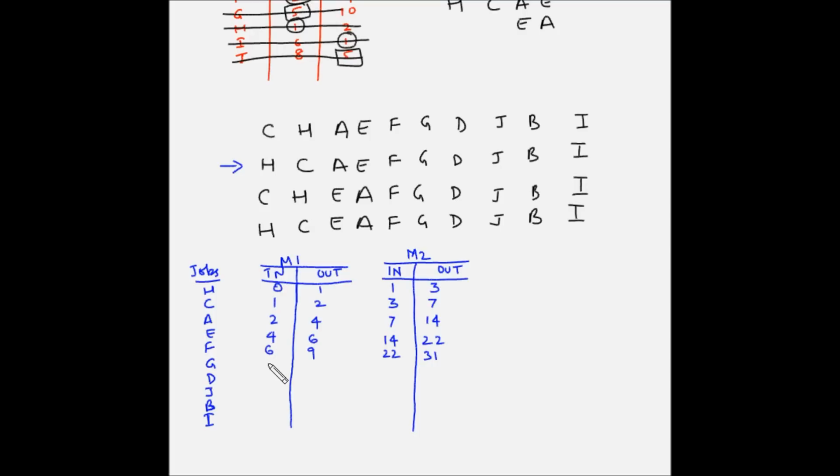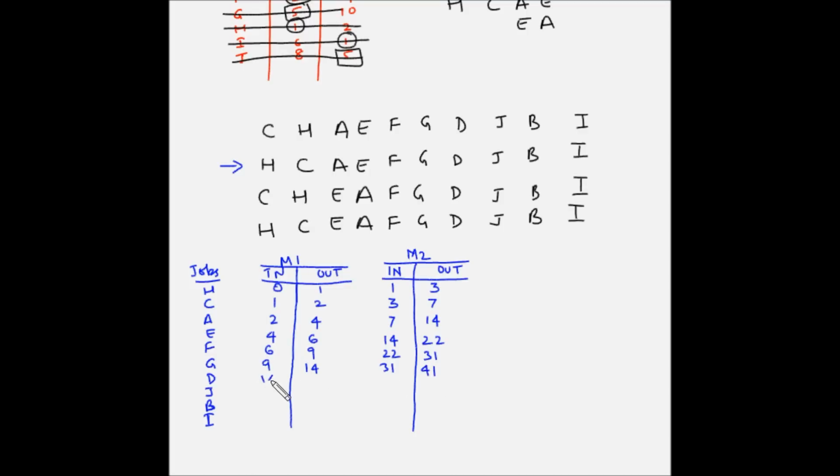Now G can go in to M1 at the 9th hour, and it takes 5 hours to be processed there, so 9 plus 5 is 14. And G can go into M2 at 31 hours, and it takes 10 hours to be processed on M2, so it will be out at the 41st hour.